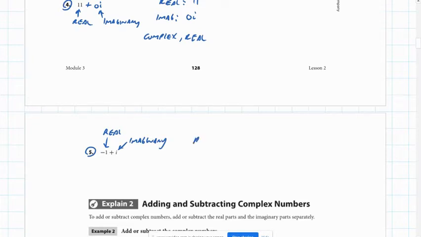And so our real is negative 1. Our imaginary is 1i. And the set, that number is only complex. It doesn't fit under real, it doesn't fit under imaginary. It's a combination of the two. So this fits under the set of complex numbers.